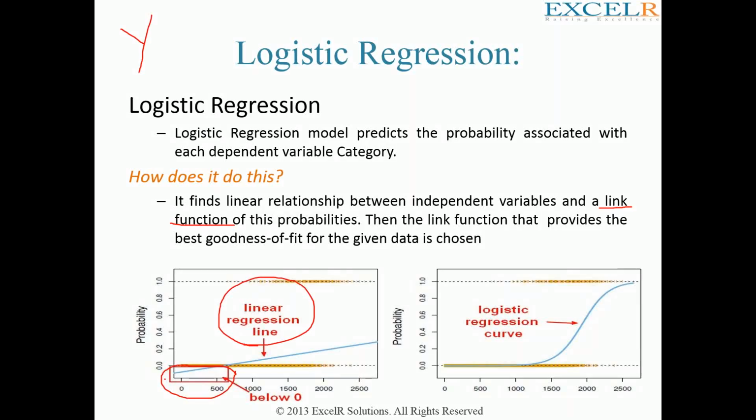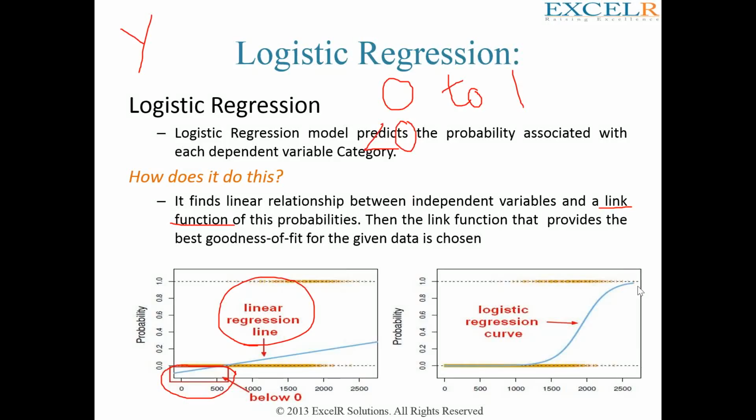Can the probability ever be less than 0? What is the range of probability? Probability varies from 0 until 1. My question is, can the probability be less than 0?